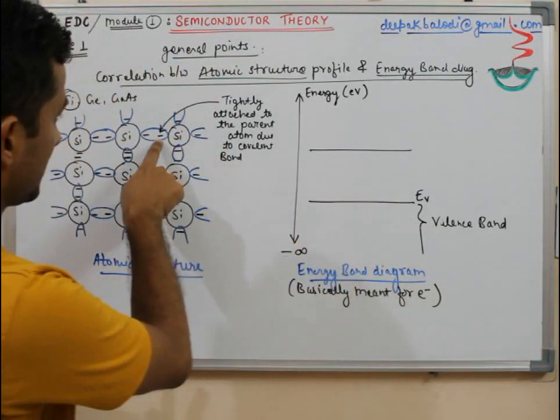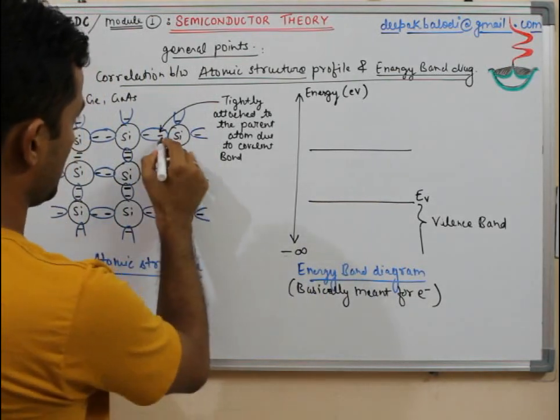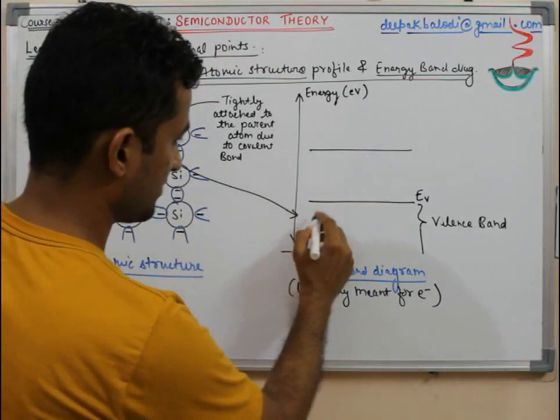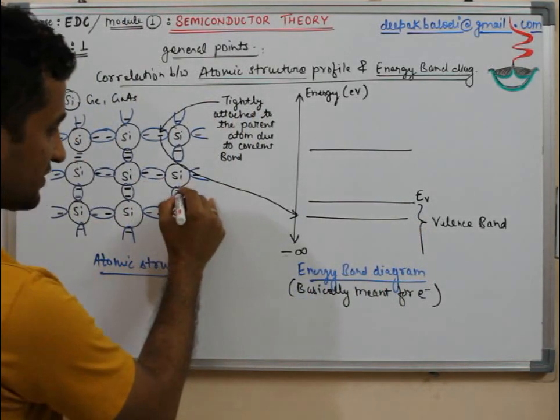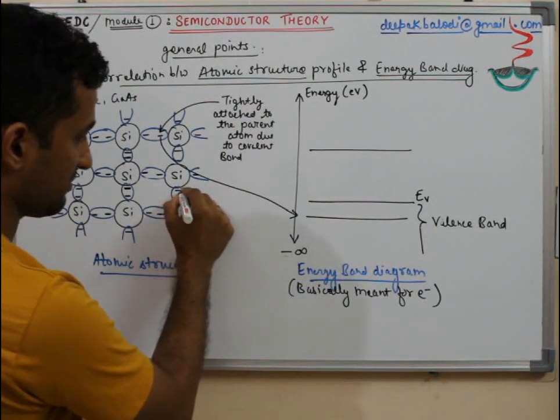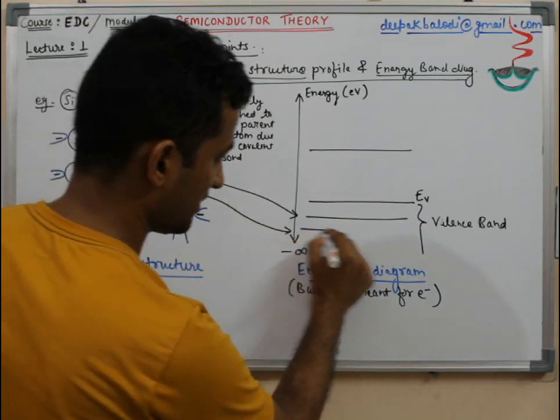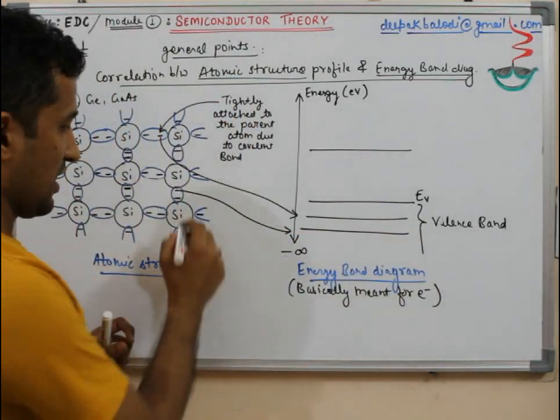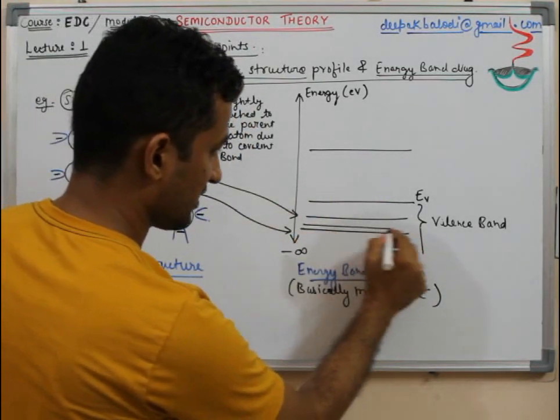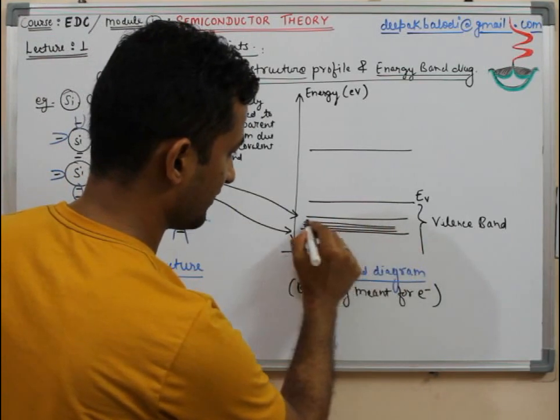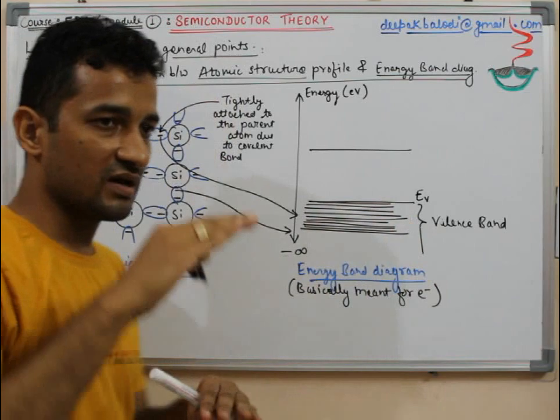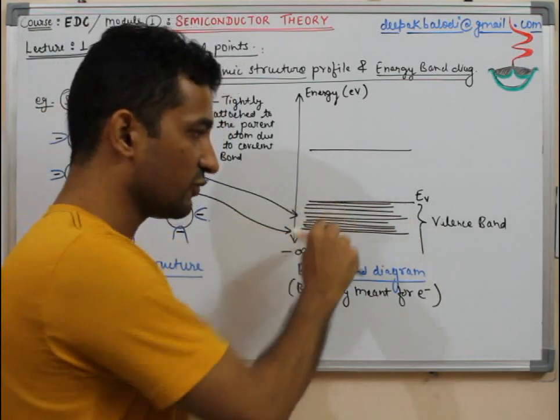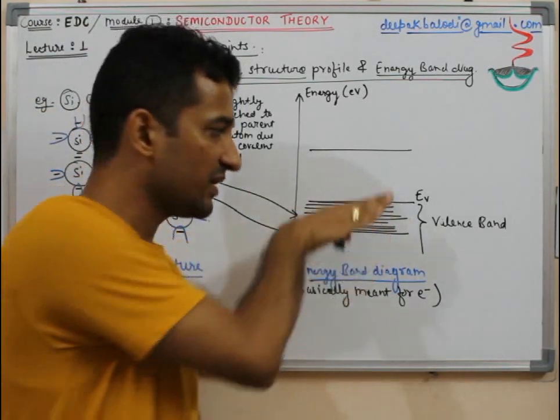Like this electron is maybe somewhere here at this energy, and this one may be somewhere else. There are lots of energy levels like this, and because the spacing between them is so small, it appears like a band.